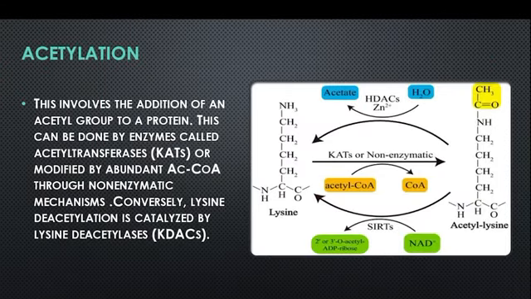Acetylation. This involves the addition of an acetyl group to a protein. This can be done by an enzyme called acetyltransferase or modified by abundant acetyl-CoA through a non-enzymatic mechanism. Lysine deacetylation is catalyzed by lysine deacetylase.